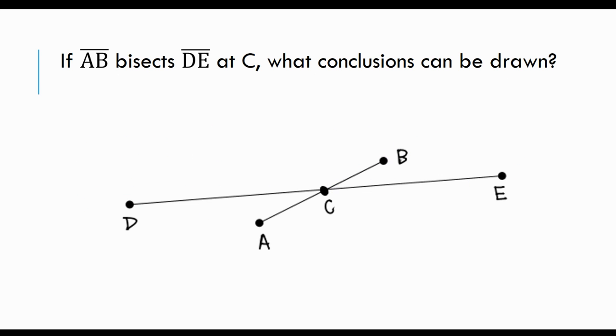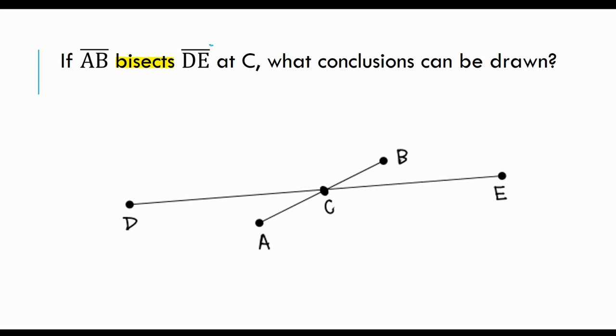All right, so it says, if the segment AB bisects the segment DE at point C, what conclusions can be drawn? So the fact that we're talking about bisect, hopefully we're okay with knowing that bisect means we're going to be dividing into 2 congruent pieces.